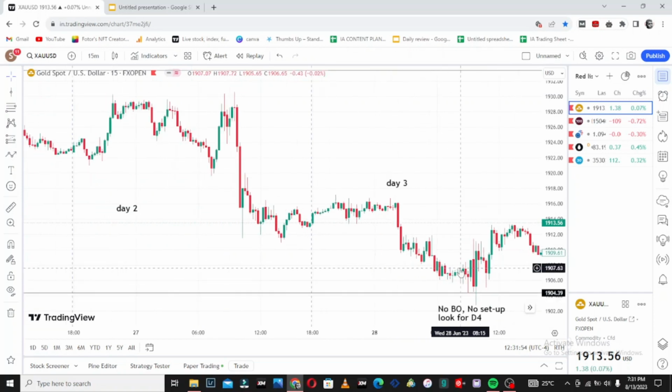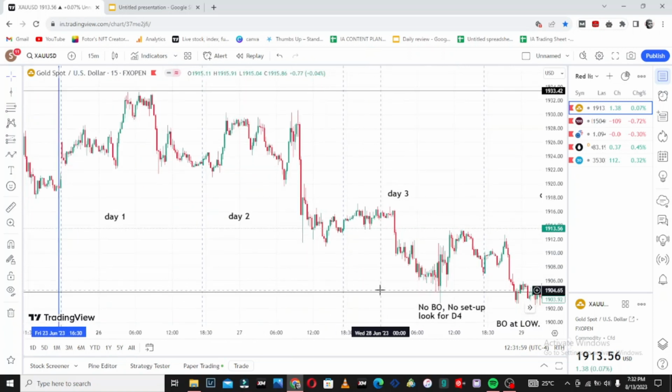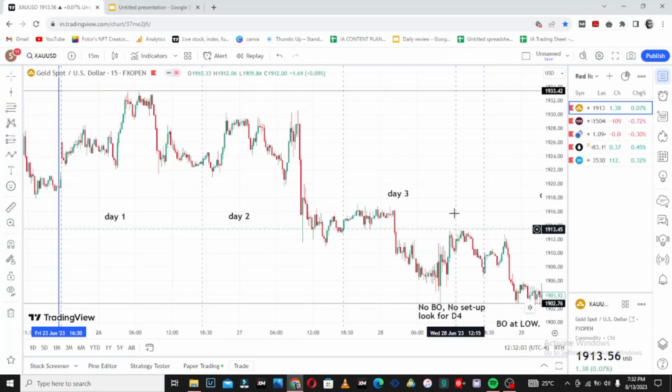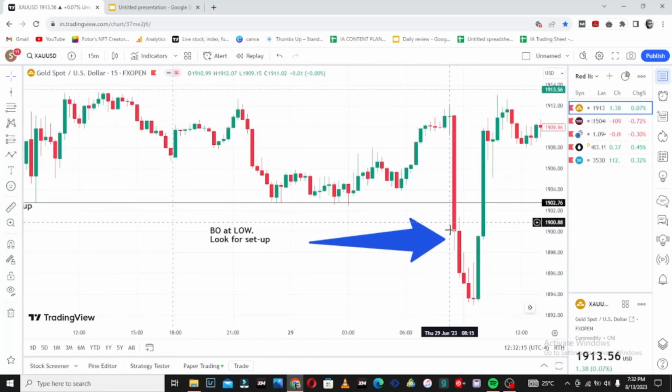If we don't have a clean breakout, we are treating day 3 as just another day. So day 4 is when we'll be looking for our breakout. And what happens? The price breaks out in our window and then reverses.